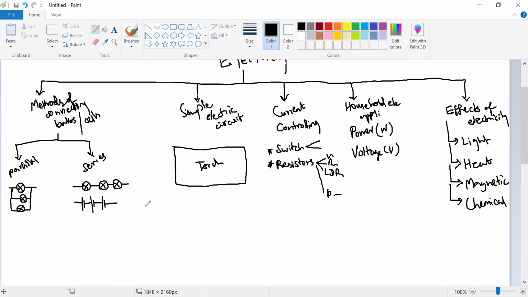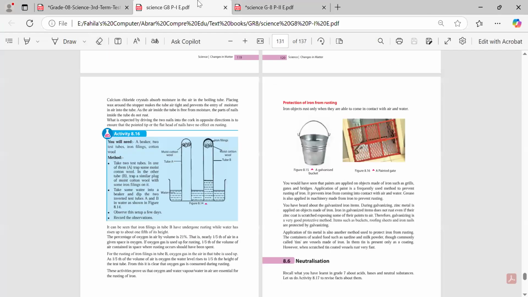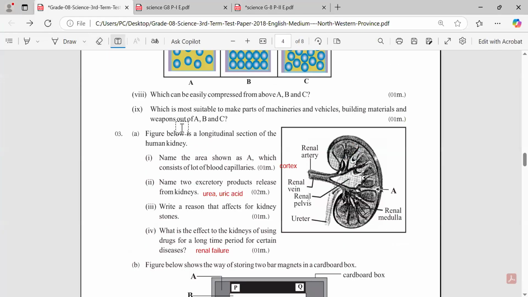Does anybody have any questions? Sarah, Alia, Rishabh? No, teacher. No questions. All right. Then we'll try to do a question, okay?